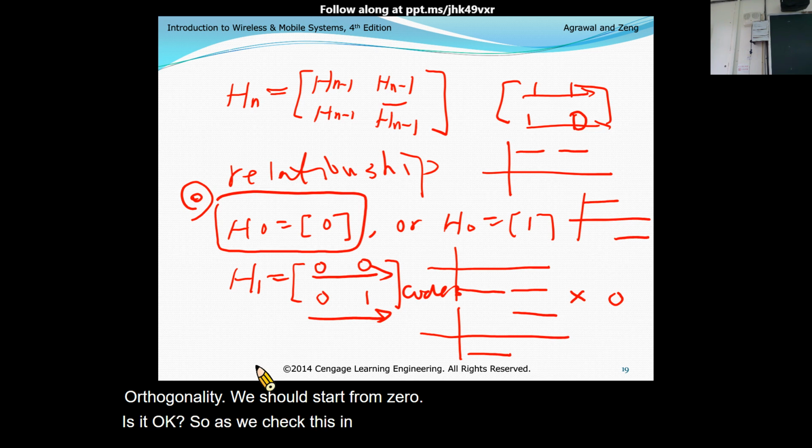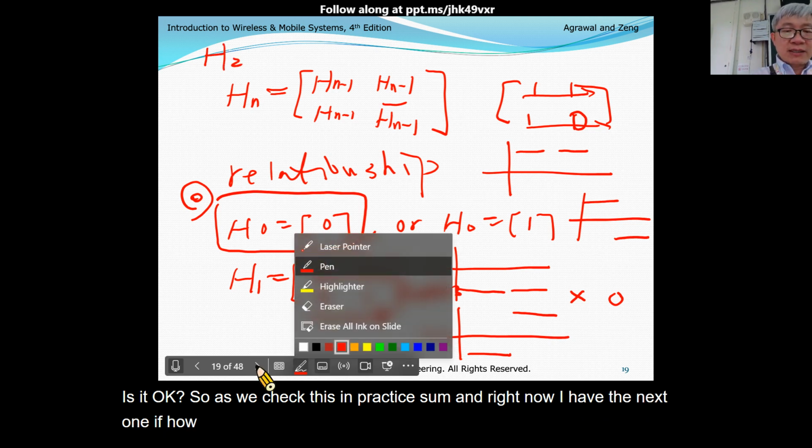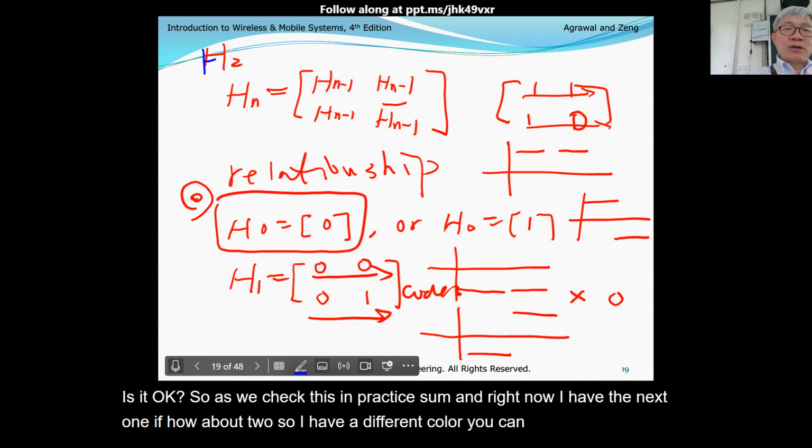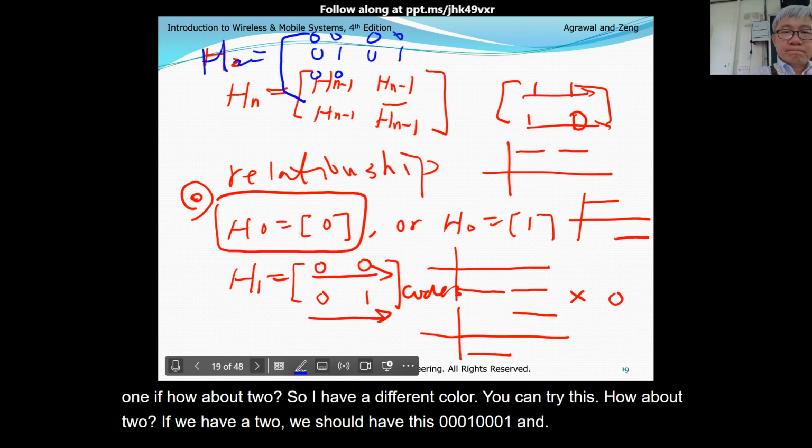And right now, I already have the next one. How about 2? So I have a different color. You can try this. How about 2? If we have a 2, we should have this: 0, 0, 0, 1, 0, 0, 0, 1, and 1, 1, 1, 0.